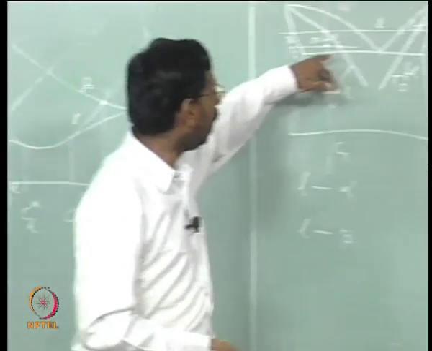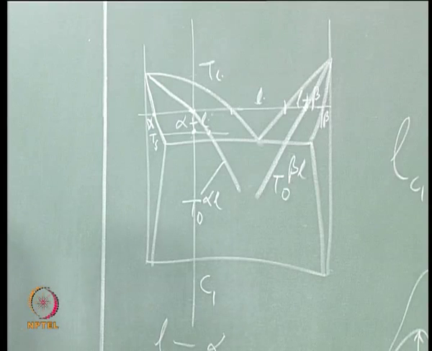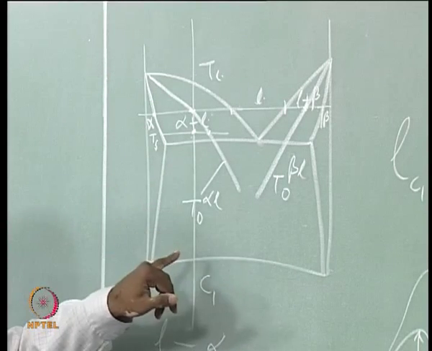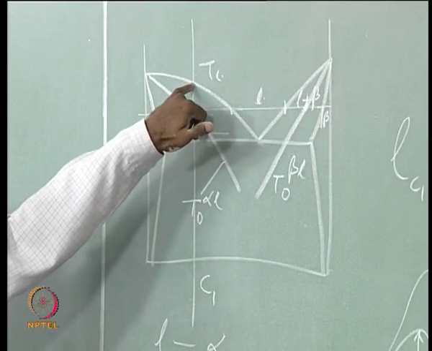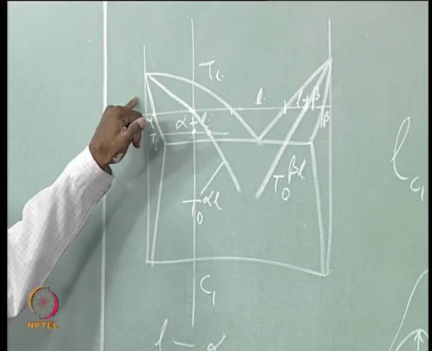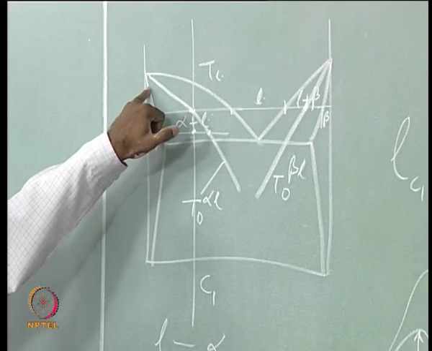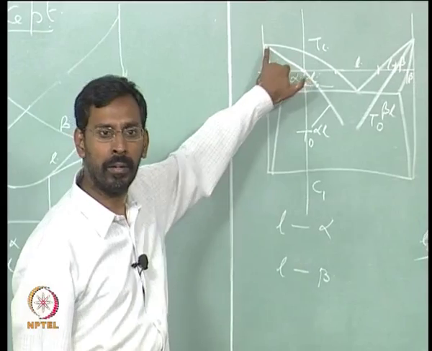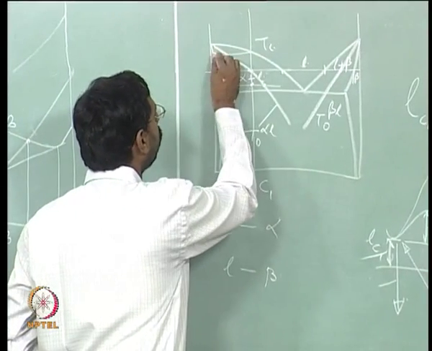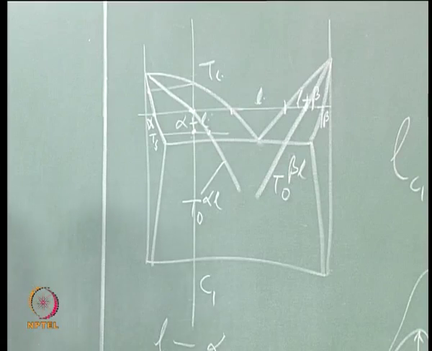Whereas for this particular alloy under normal conditions, what is supposed to happen when I start cooling it? The moment you reach this temperature it should start forming alpha having this composition, you all remember. You have to draw a tie line where it hits, and that will tell you the alpha composition that is going to come out of the liquid.